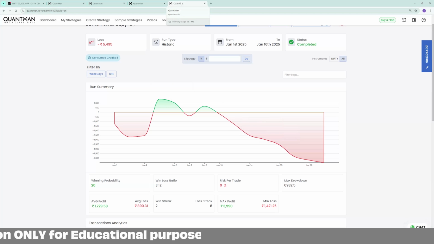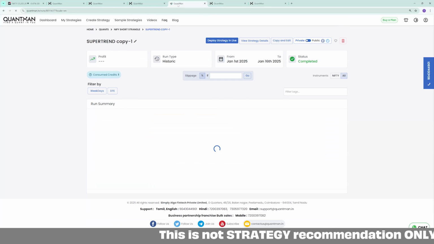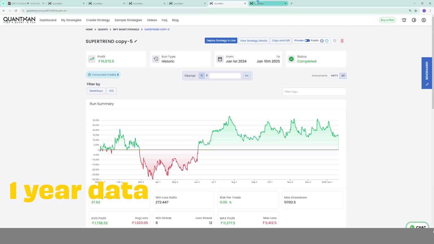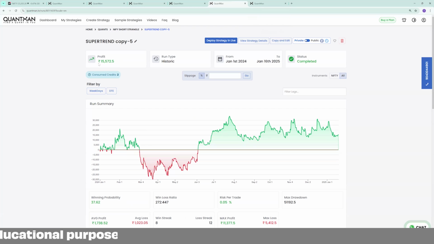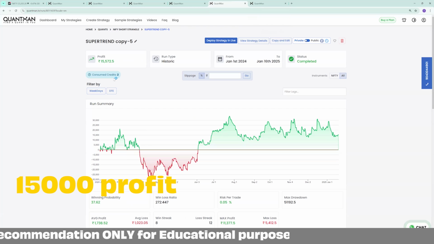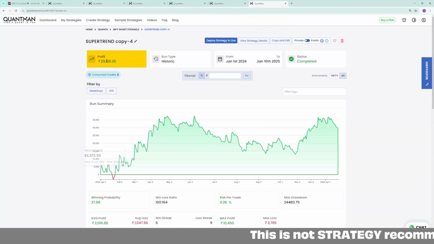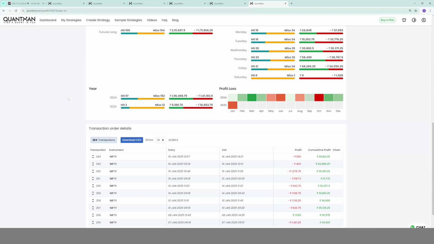So what I do, with the same strategy, I do the backtest for 1 year. Just change the time frame, January 1, 2024. From 1 year of data, this is the performance. Here it shows 15,000 profit with a trade count of 723 trades. This shows 29,000 profit with a trade count of 264 trades.